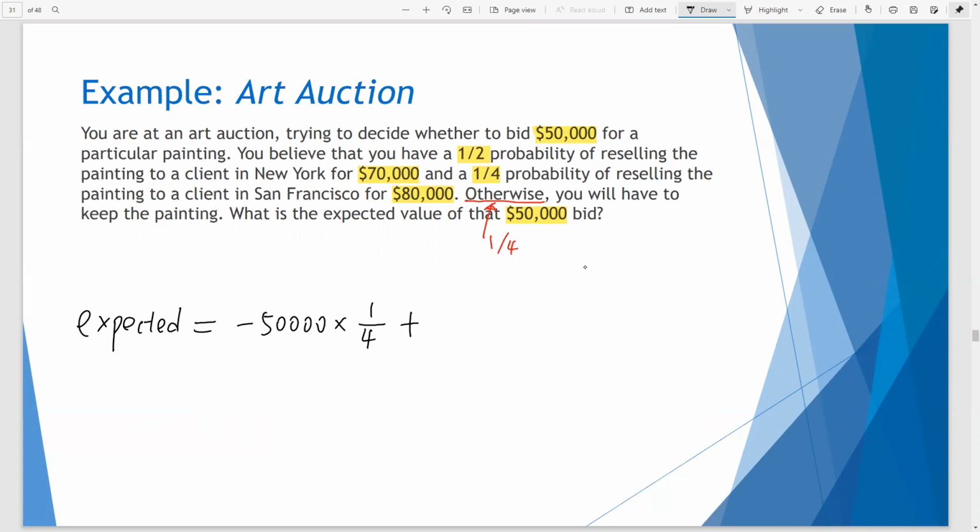He sells it, or we use positive for net gain, with a half likelihood to the client in New York for $70,000, but he pays $50,000 for the painting. So that is the net cash flow; you'll see that in your chapter 4.